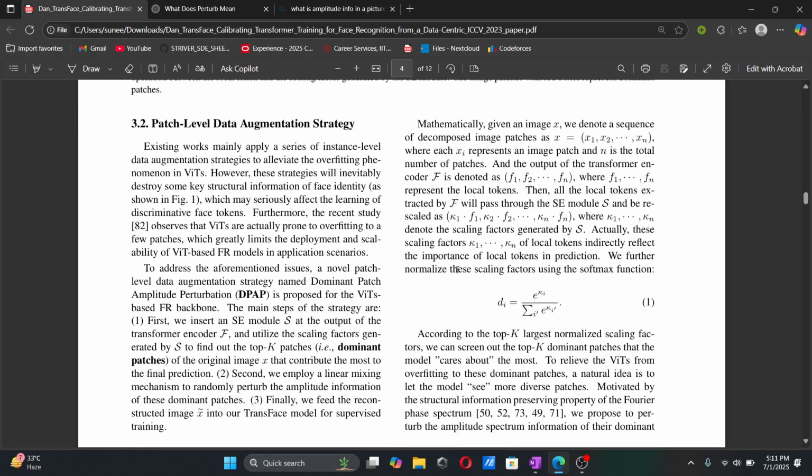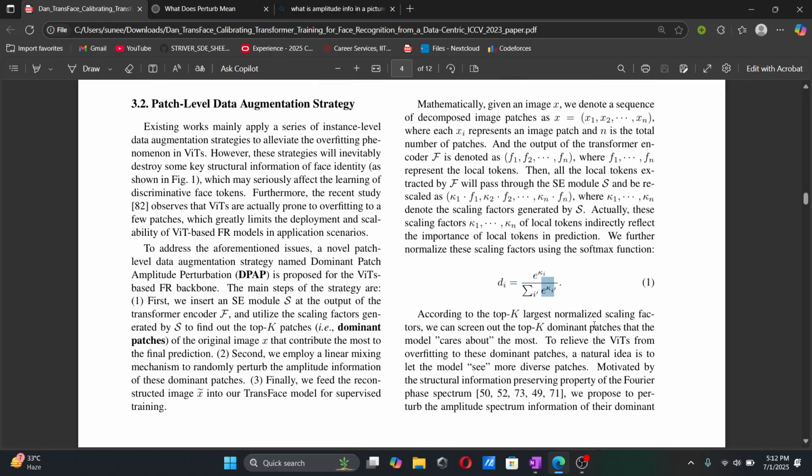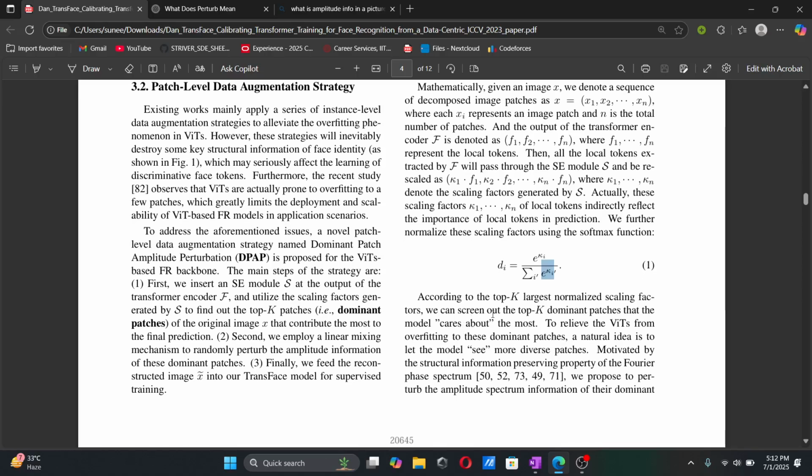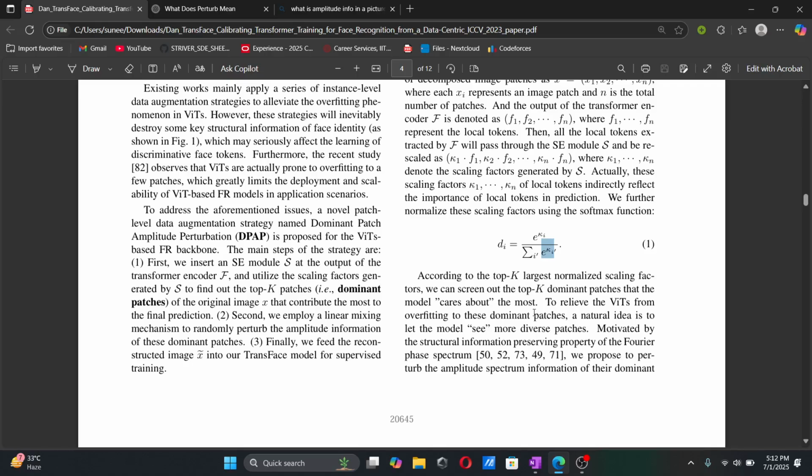We further normalize these scaling factors using the softmax function. According to the top k largest normalized scaling factors, we can screen out the top k dominant patches, and the model k is about the top most. To relieve the ViTs from overfitting to these dominant patches, a natural idea is to let the model see more diverse patches.